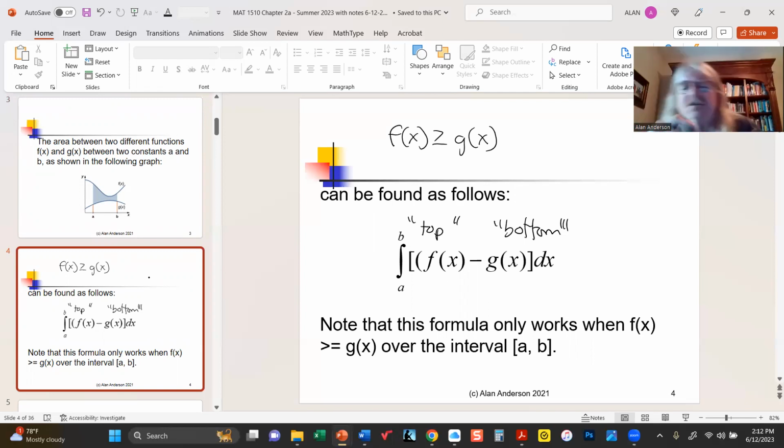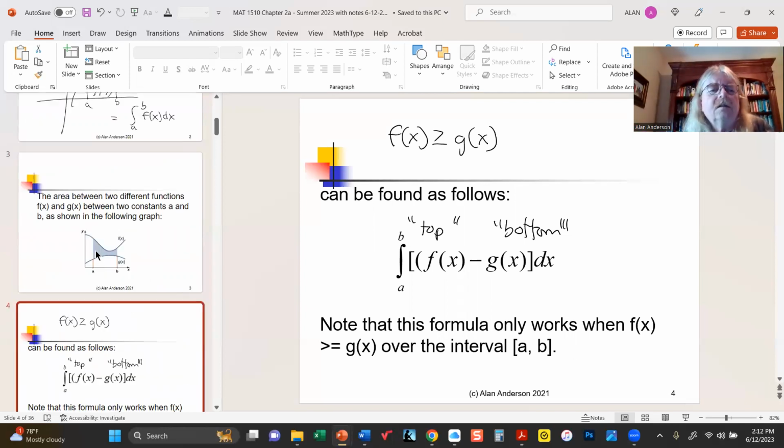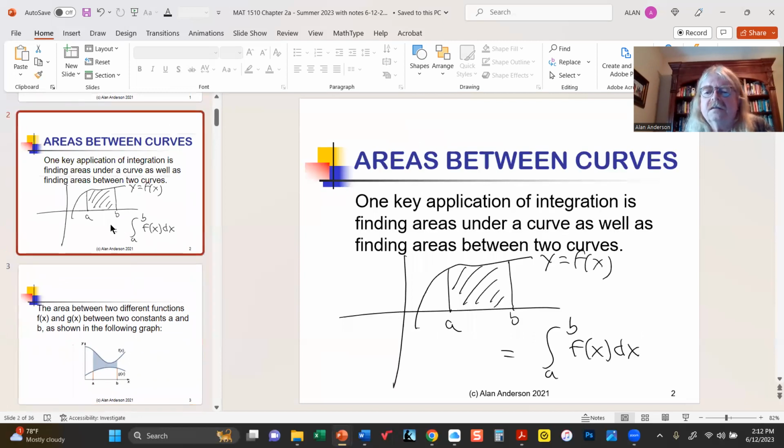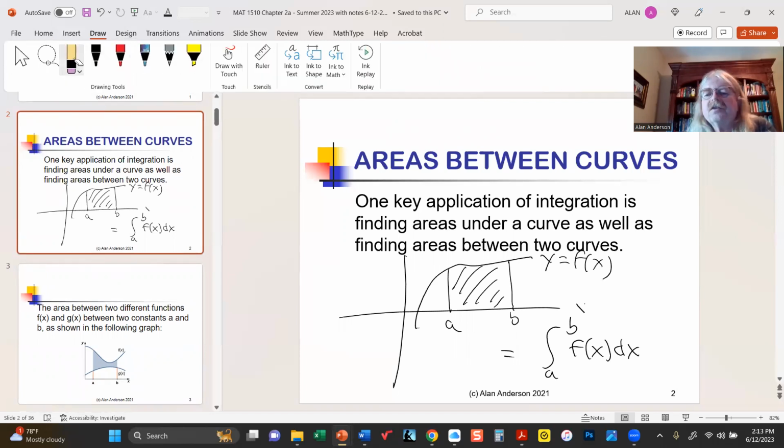So now you might ask yourself, why didn't we do this before? Well, we implicitly did. But like here, for example, you're actually just subtracting 0. The bottom function is y equals 0, in other words, the equation of the horizontal axis.